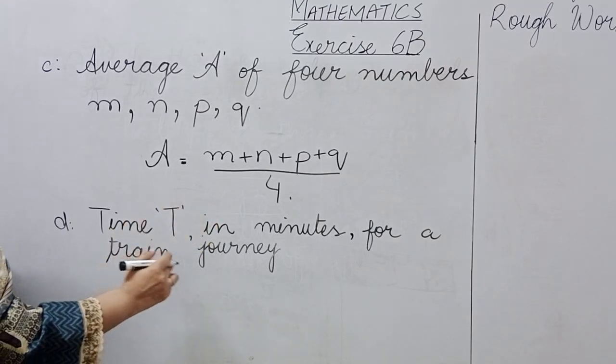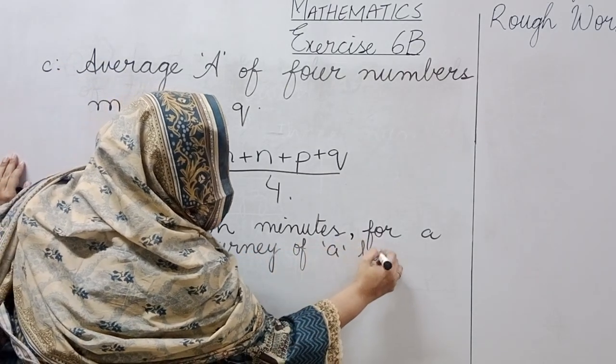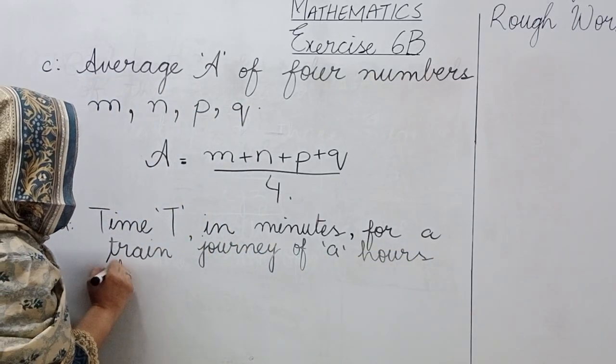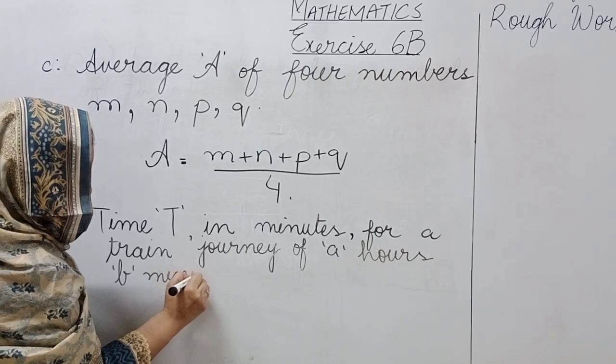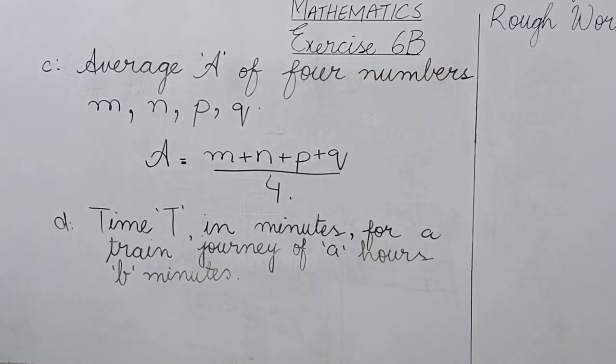Time taken for a train journey of A hours, B minutes. A hours, B minutes. And we have to find the time in minutes. In this we have to change hours into minutes, okay?